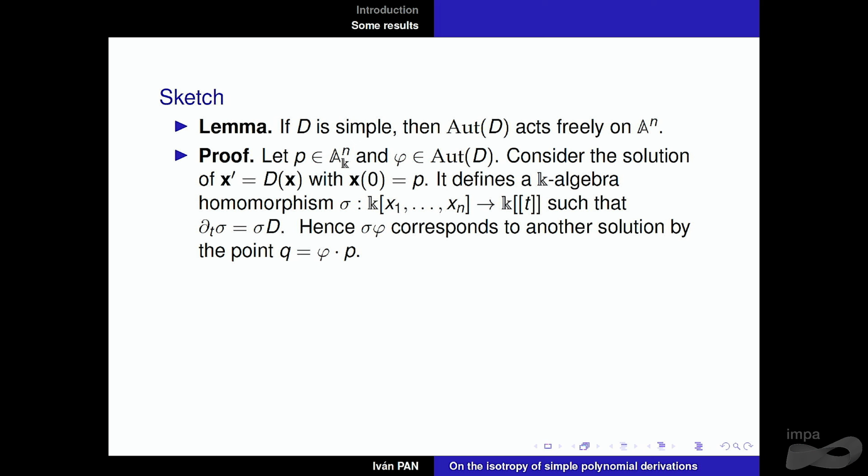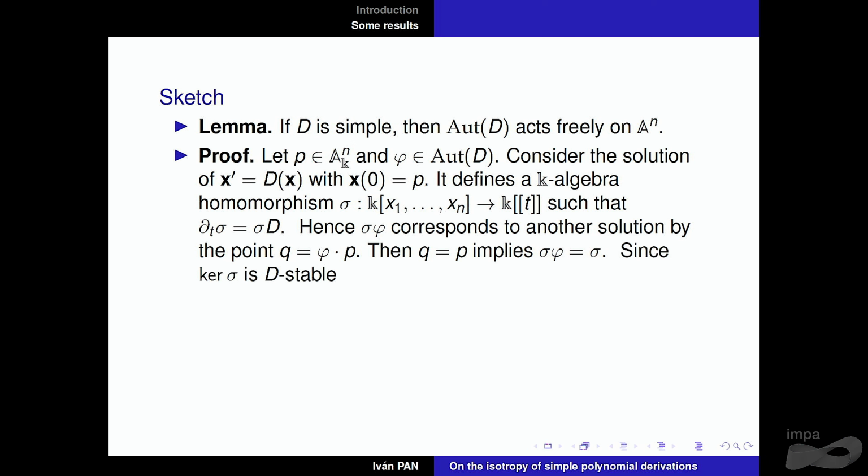But it's another solution through the point Q, which is the image of the point P under phi. The solution changes the point. But then Q is a fixed point if and only if the solution is the same, because there is a unique solution of a differential equation.